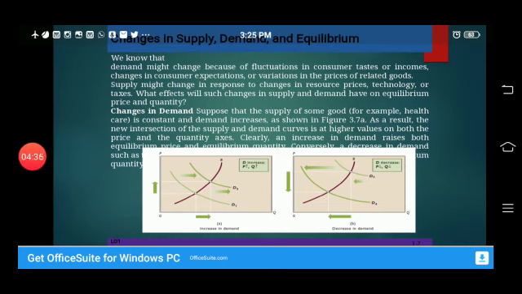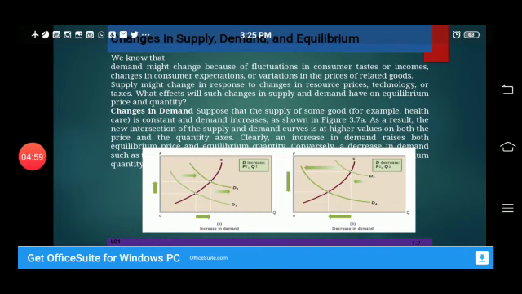When demand rises, it moves rightward. When demand falls, it moves leftward. So demand rise is right, R, and fall is left, L. Never say upward or downward, always consider rightward or leftward.